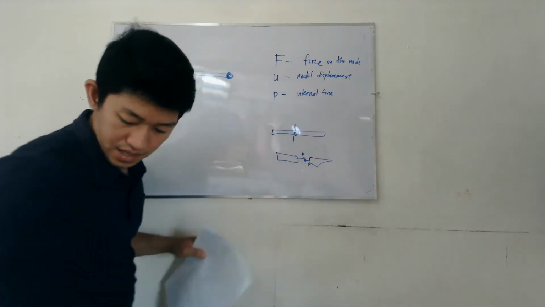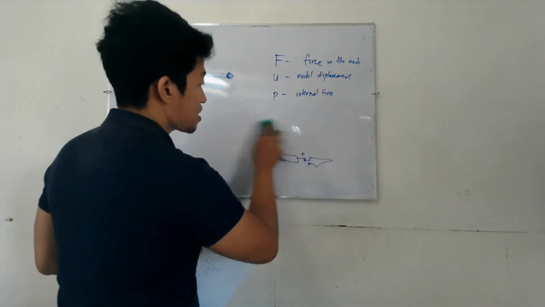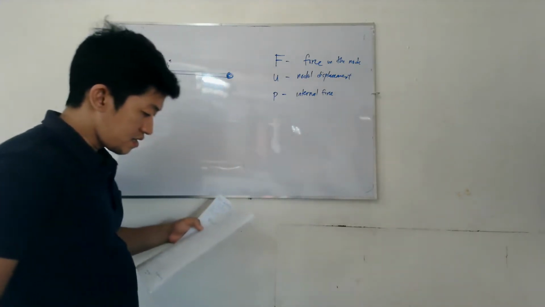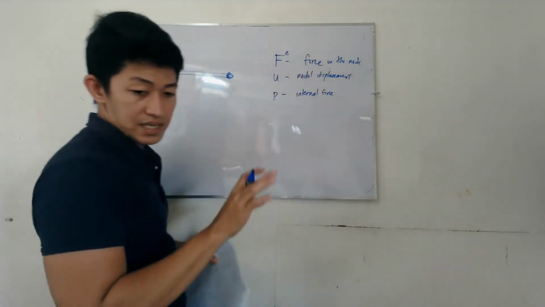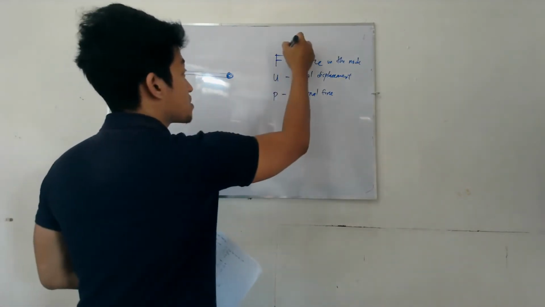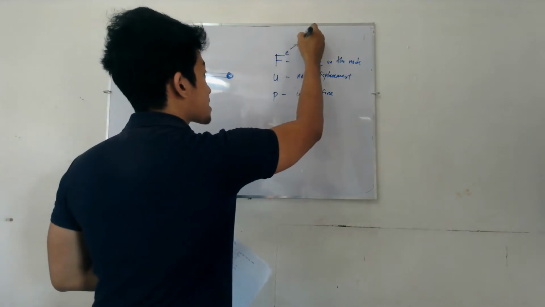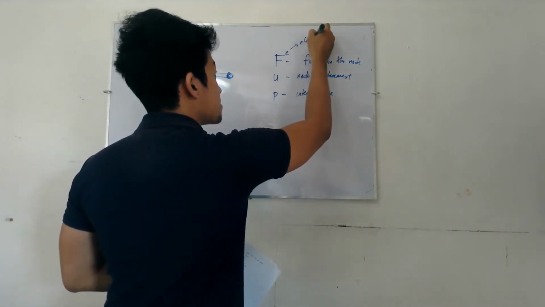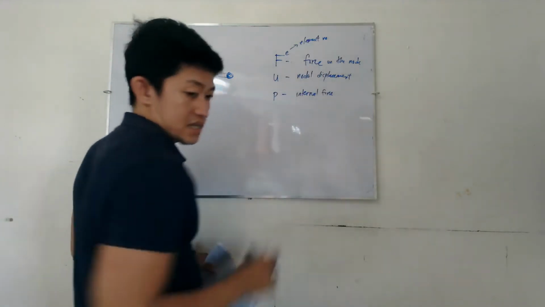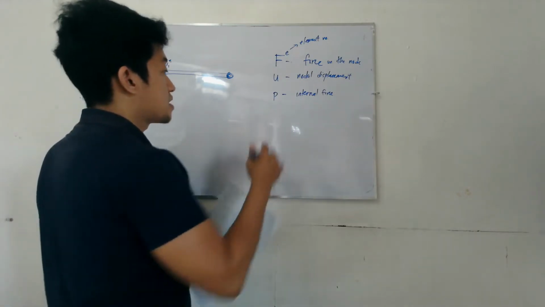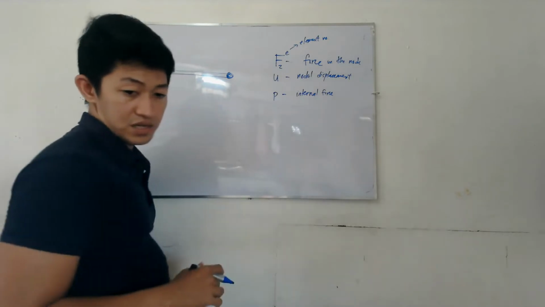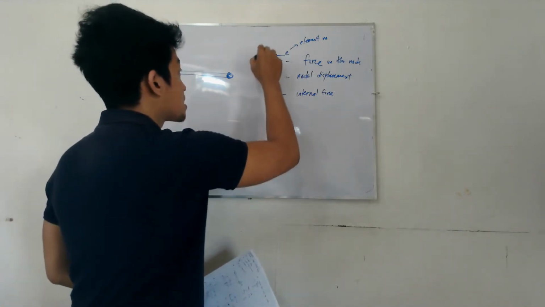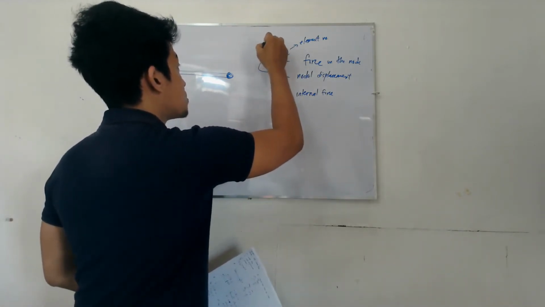The notation for P: if it is in the superscript, this is the element number. If it is in the subscript, this is the node number.